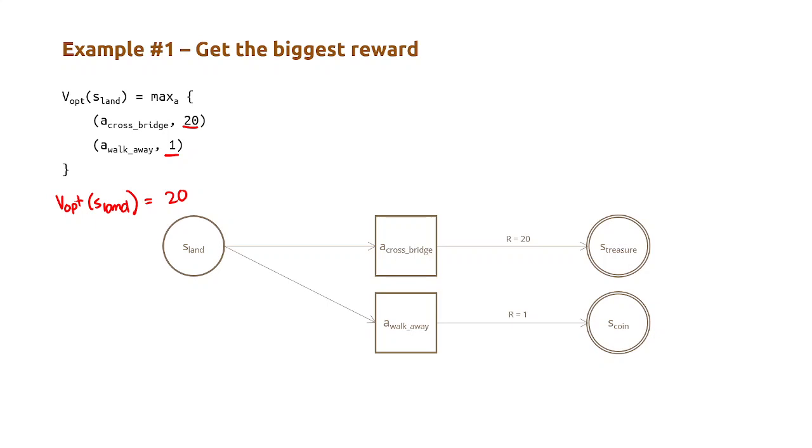And then since the action of crossing the bridge is what gives the maximum value, the optimal policy when you are in S land is to cross the bridge. Okay, so the optimal policy is to cross the bridge. Next example.